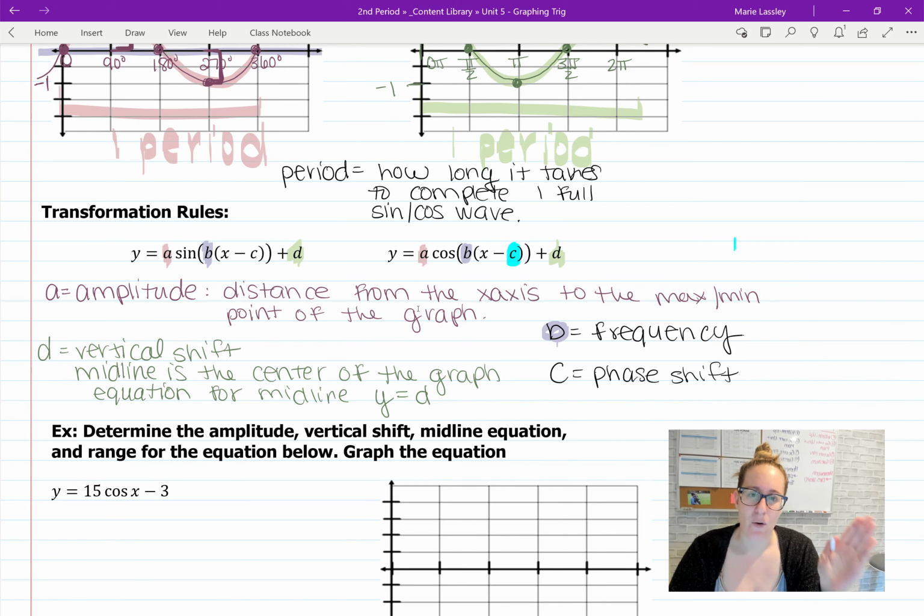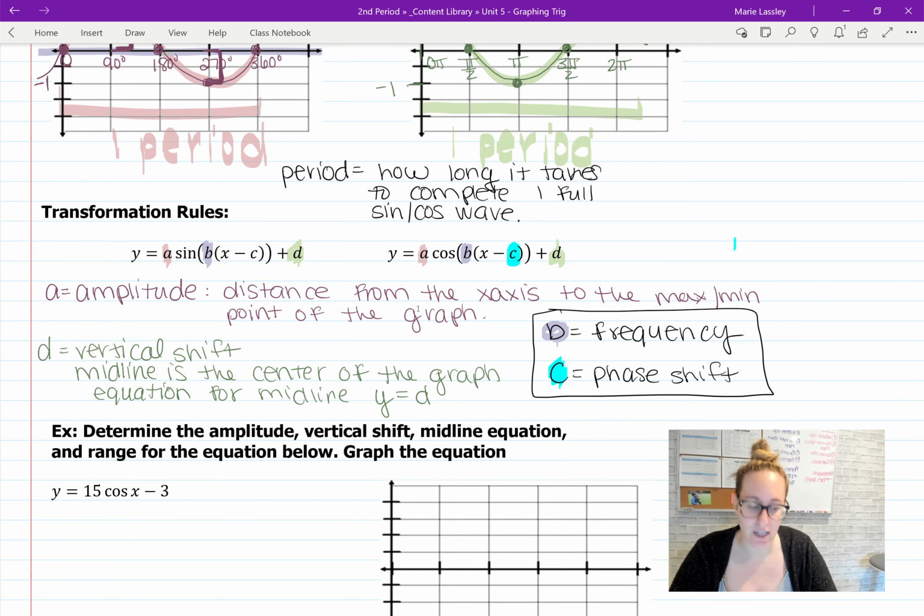It's shifting our starting point for our graph left and right. The phase shift is a horizontal shift. It just has a fancy name. Again, we're not talking about these two today. We're going to talk about them later. We're not going to have any frequency or phase shift changes.